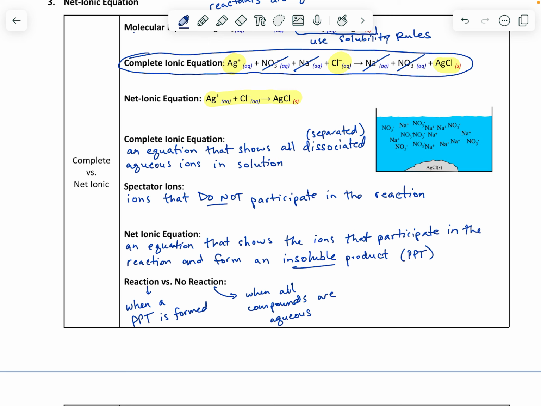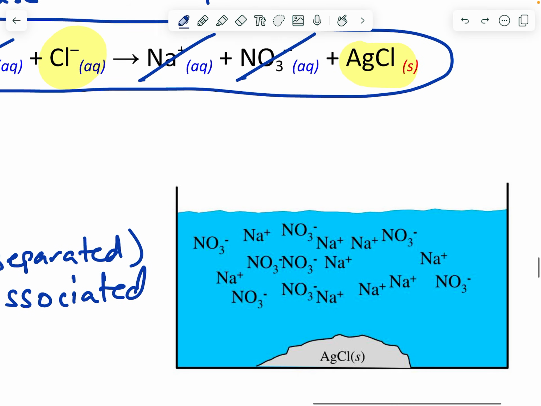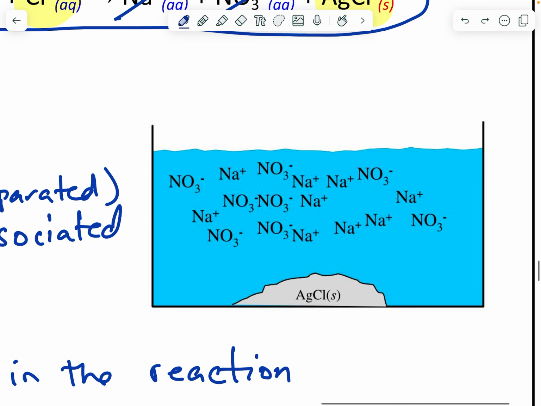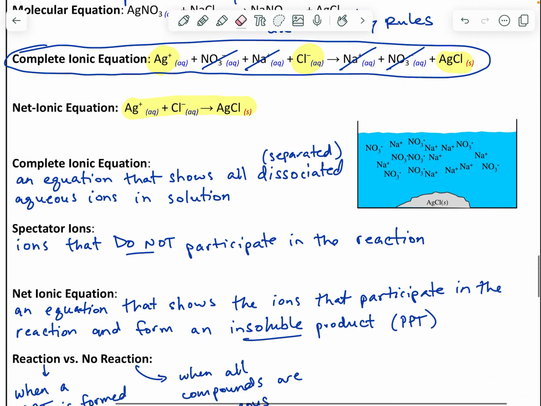When all compounds are aqueous, that means they all completely separate and split up. In this example, the AgCl is solid and forms at the bottom. But if we had these ions just floating around with each other, the Ag, the Cl, they would all just cancel each other out. They would all be considered spectators if they were all aqueous, which means that nothing is actually going to happen.